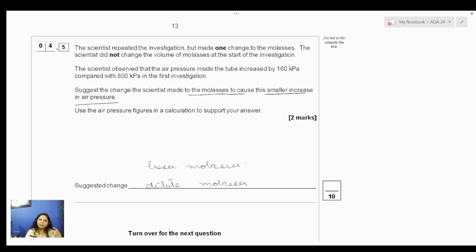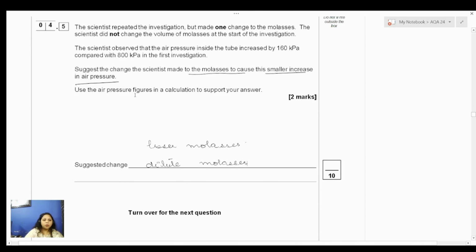So lesser water entering means there must be water present in the tube already. So it would be dilute molasses. Okay. So what is the next thing? Oh, sorry, I moved to the suggested one.